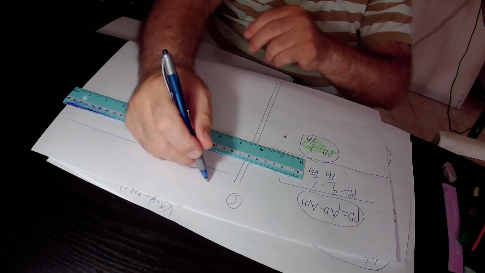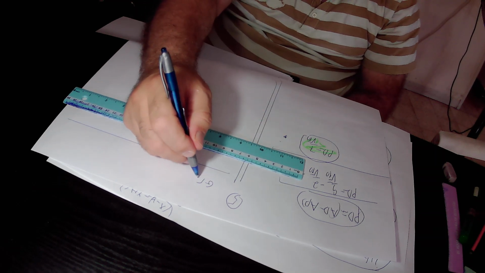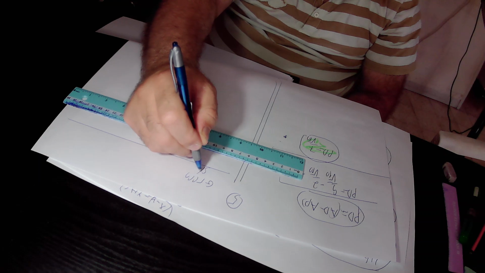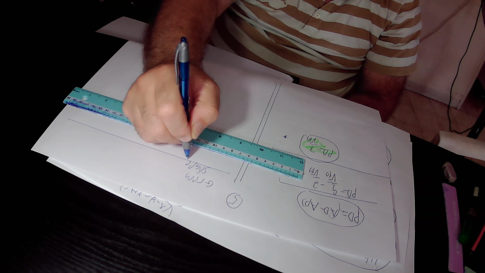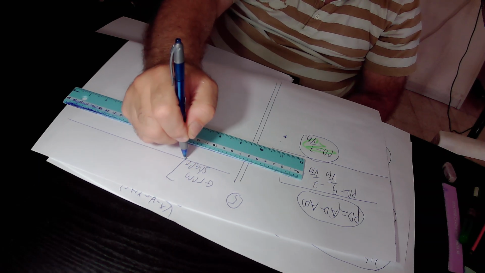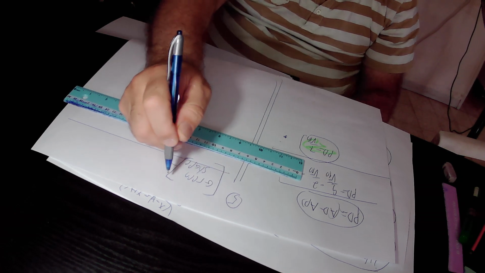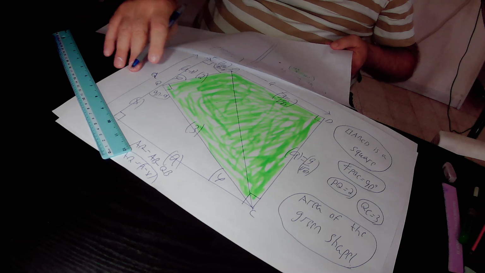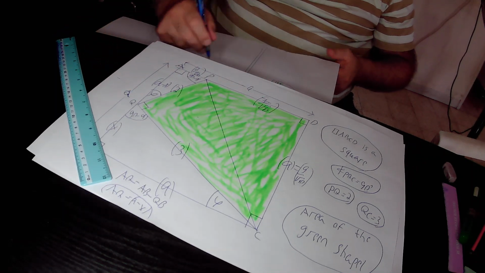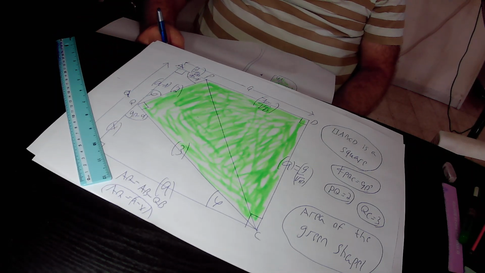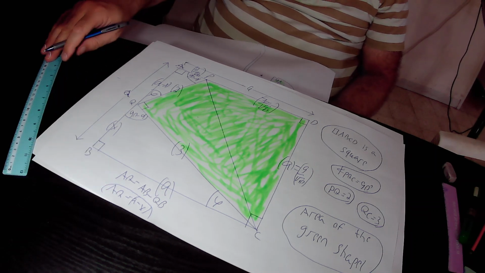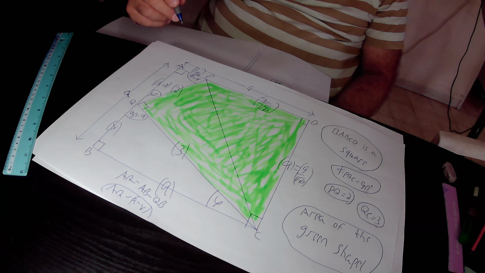The area of the green shape in total is equal to the sum of the areas of the two components that it consists of. That is to say, it is equal to the area of this right triangle PDC plus the area of this right triangle PQC.